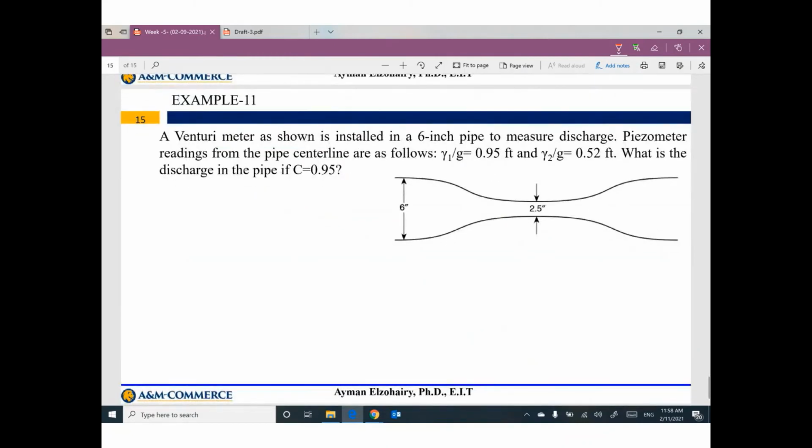The last example here, we have a Venturi meter installed in a 6-inch pipe. The regular pipe has a diameter D1 equal to 6 inch.